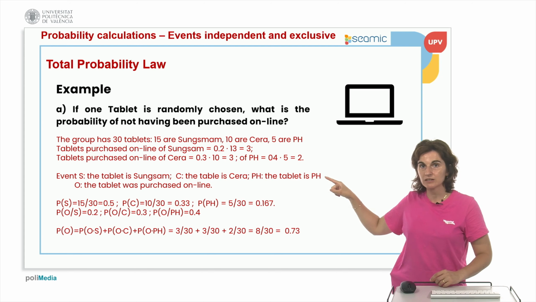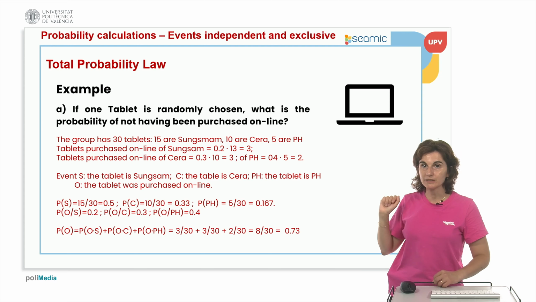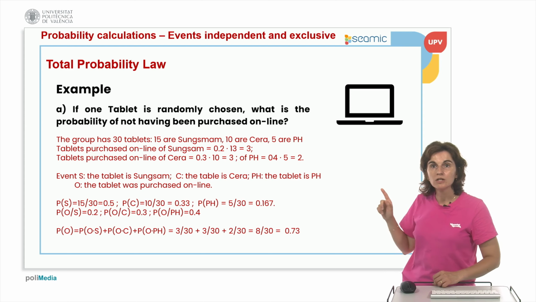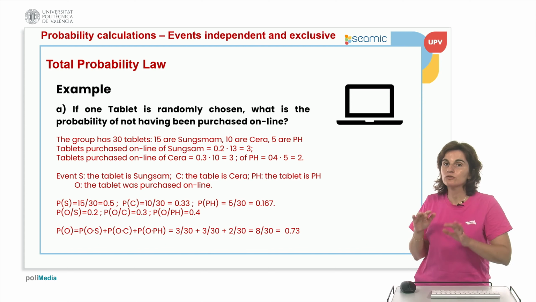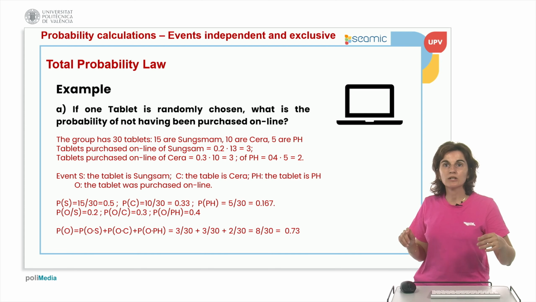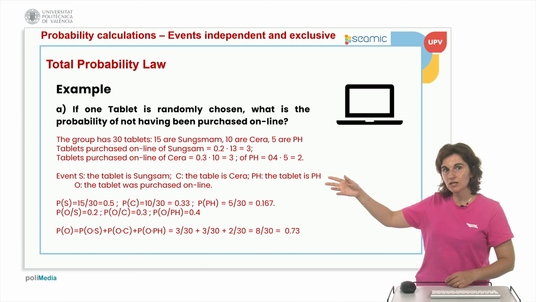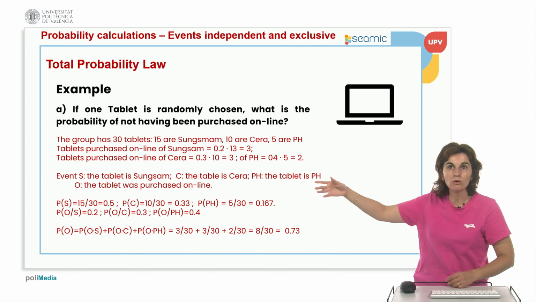And this is very important. This line that's here, it's very important for the resolution of any problem about probability. So first of all, you need to define your events. And to do so, you should use capital letters, and you are not forced to follow the notation A, B, C. You can define your own events as S is Samsung, and Z is Zira, and PH is PH, and O is online.